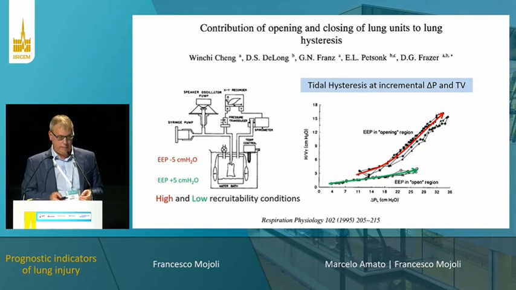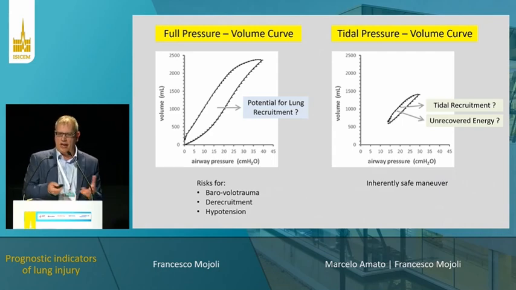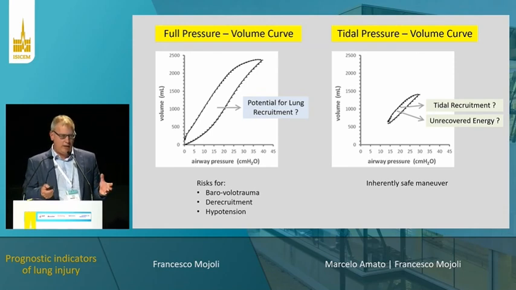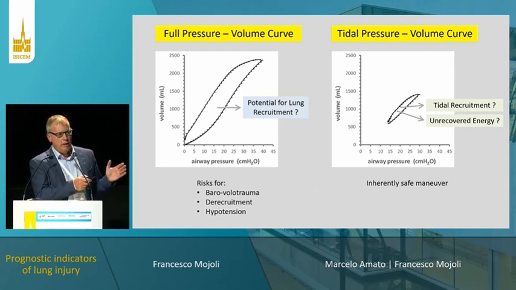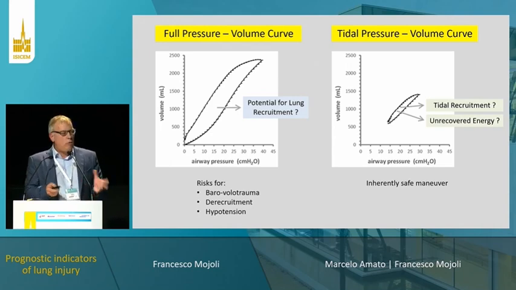What is tidal hysteresis? How can we measure it at the bedside? Performing a pressure volume curve different from the standard one, that is the full pressure volume curve, a tidal pressure volume curve. So moving from the PEEP level up to plateau pressure and back. And the question is different.